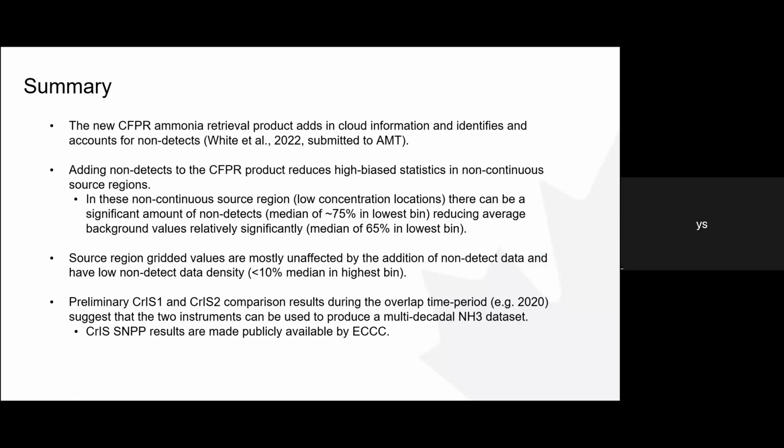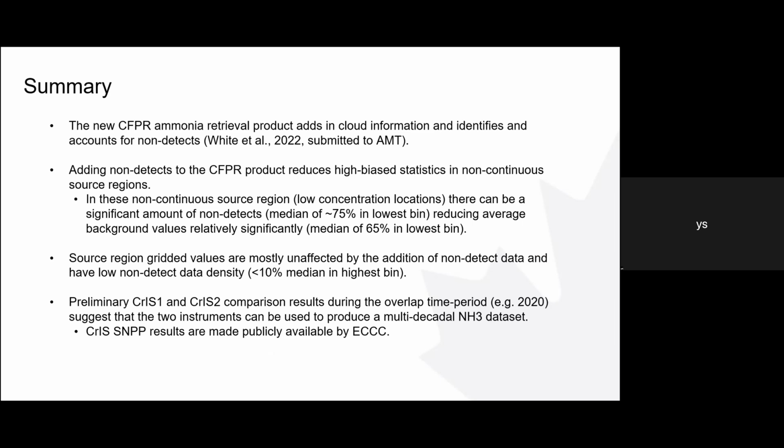So to summarize, the new CFPR ammonia retrieval product adds in cloud information and identifies and accounts for non-detects. Adding non-detects to the CFPR product produces high bias statistics in non-continuous source regions. In these non-continuous source regions, there can be a significant amount of non-detects, reducing average background values relatively significantly.